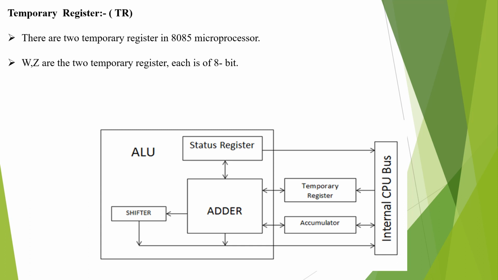So these are the three new points that you are going to add in the ALU part. Still in the ALU part, we have left off the status register, which we will learn later on.